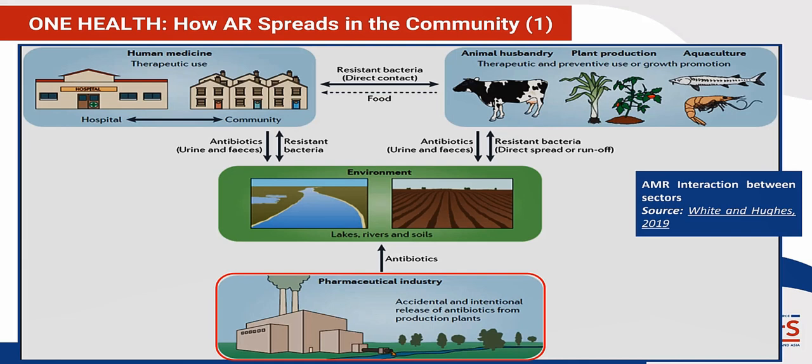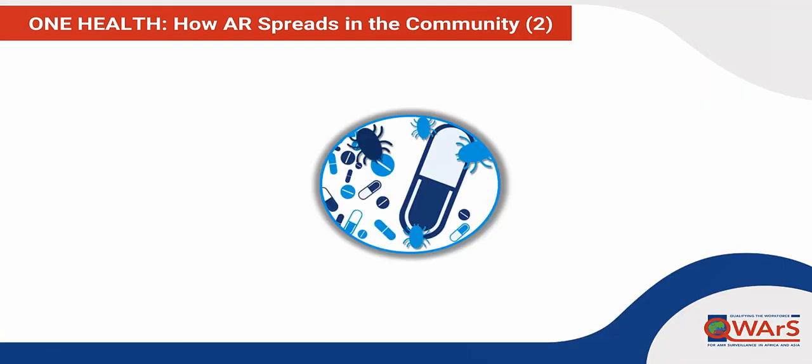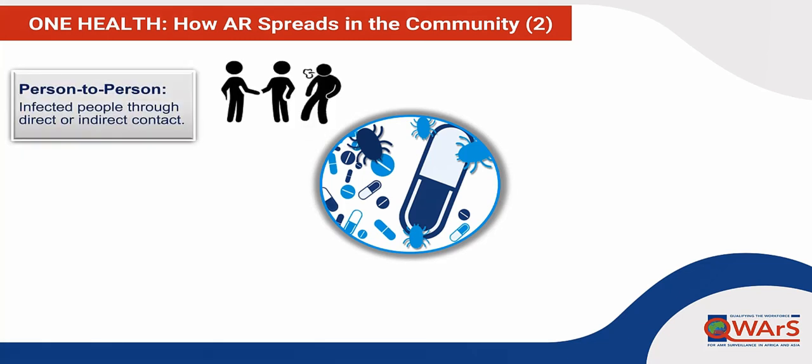As mentioned in the previous slide, antimicrobial resistant organisms are found in people, animals, food, plants, and the environment, that is, in water, soil, and air. Resistant bacteria spread throughout the environment in a number of ways. Person to person: infected people can spread resistant bacteria to others whether they have symptoms or not.